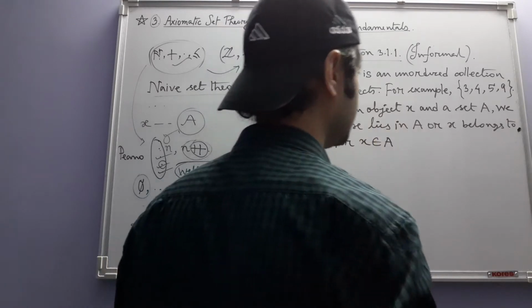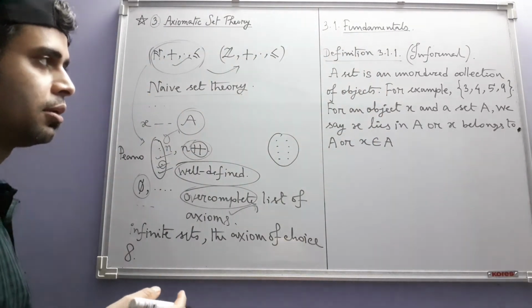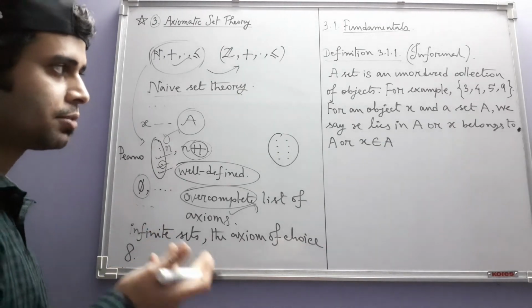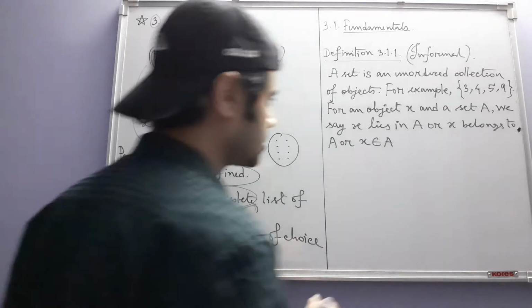These things we already know from naive set theory, but for the sake of completeness and presentation, we are just going to show whatever is available in Tao's notes.